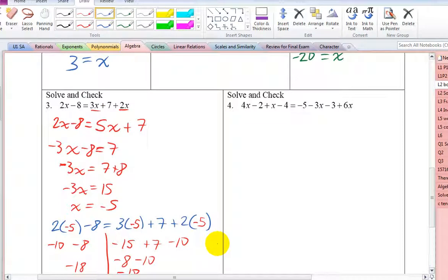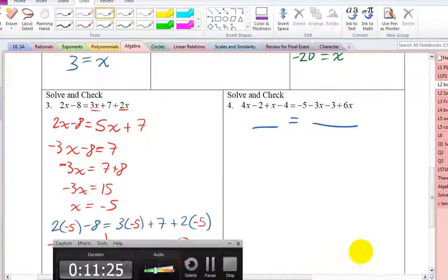Alright, next one. Here we go. Solve and check. Collect like terms first on both sides. Go for it. This will be the hardest question, one of the harder questions you see today.